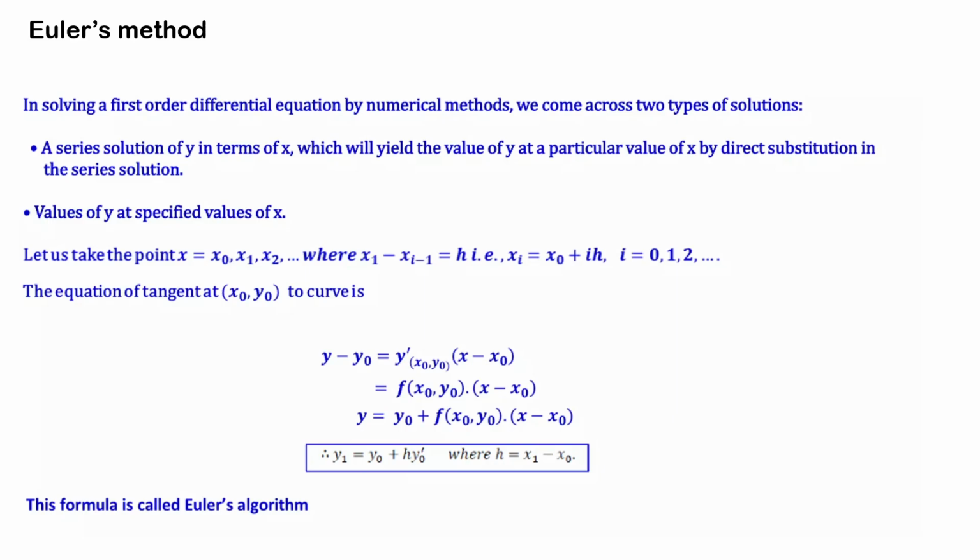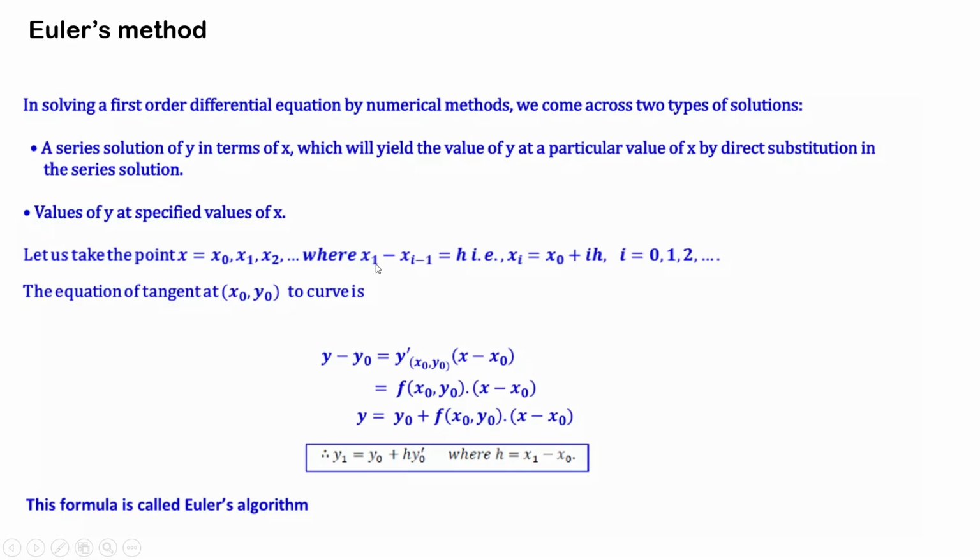But in the case of the Euler method, it's a little bit specific, and the values of y at specified values of x will be taken. So if you take the points x0, x1, x2, etc., the differences in these values you take as h, which is the step.